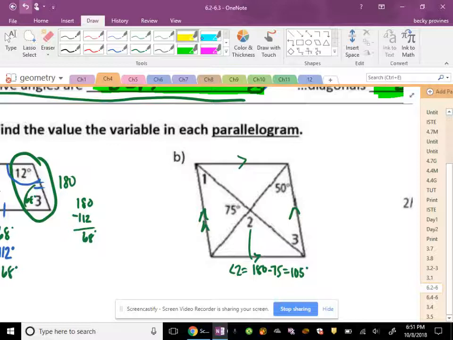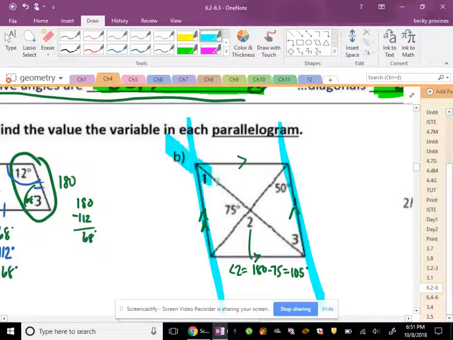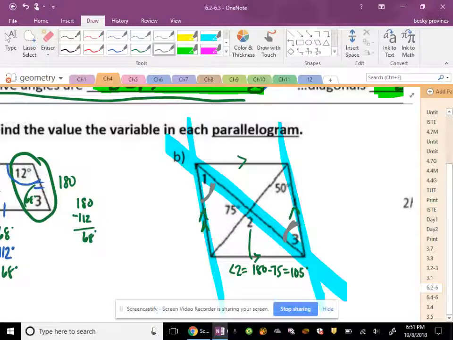One second. Let's make our parallel lines go up and down. And this could be my transversal. So, angle 1 and angle 3, I can prove that they're equal because they're both alternate interior angles. Now, we have to still figure it out, but we know we're a step closer. We know angle 1 and angle 3 will be the same measurement.